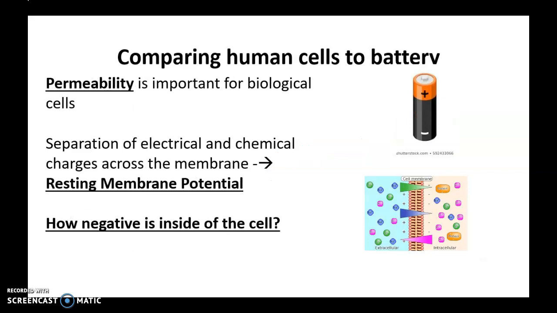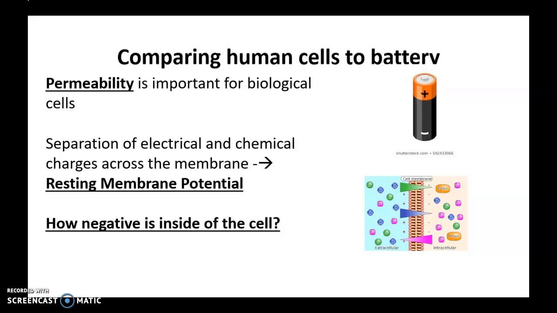Okay. We also mentioned, now this is a review slide, we also mentioned that in order for these ions or electrolytes to move across the membrane following laws of diffusion, there has to be permeability.